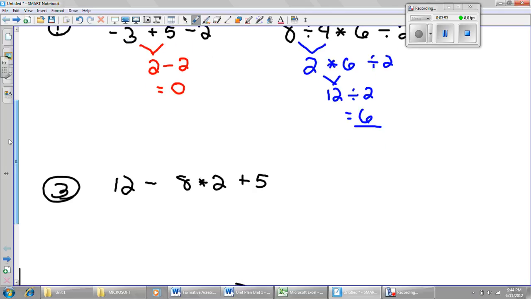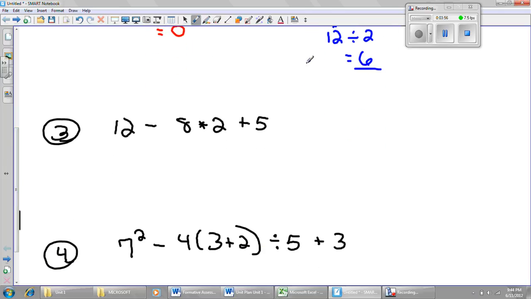All right, let's scroll on down here. Problem number 3. I have subtraction, I have multiplication, I have addition. Well, the order of operations tells me to do multiplication first. So I'm going to have a 12, minus 8 times 2 is 16, plus 5. Now it's all addition and subtraction, so I go left to right. I'm going to get 12 minus 16, which is negative 4, plus 5, and that's going to equal a positive 1.